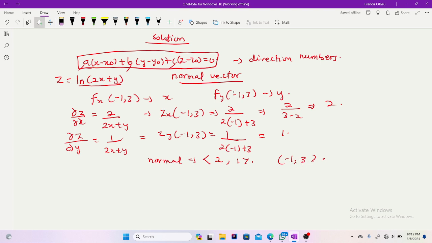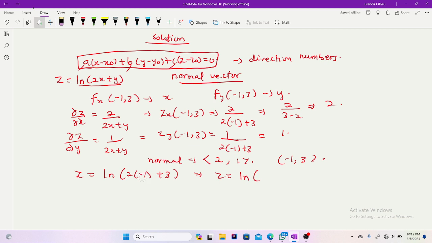But what is z? We simply write z will be equal to natural log of 2 multiplying negative 1 plus our y, and our y is 3.